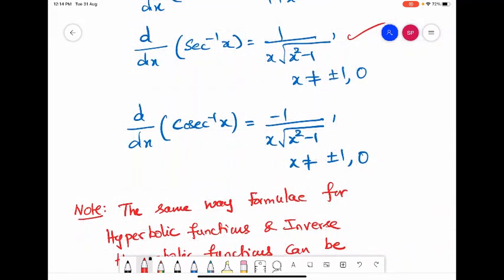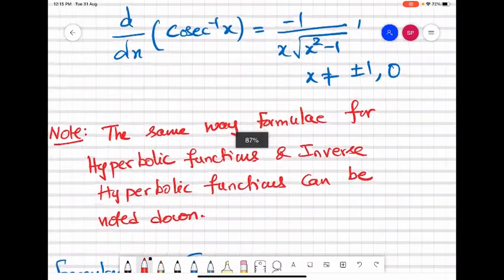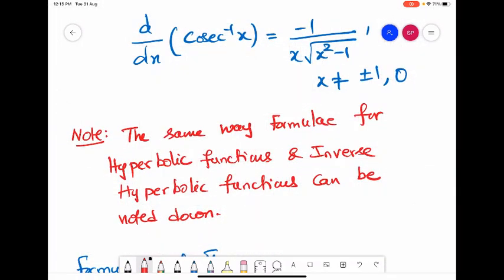You just have to learn them and use them whenever you get them in a problem. The same way, I'm not mentioning them here, but the formulae will be provided later in the notes. The same way, you have to note down formulae for hyperbolic functions and inverse hyperbolic functions and use them while you are doing the differentiation process.